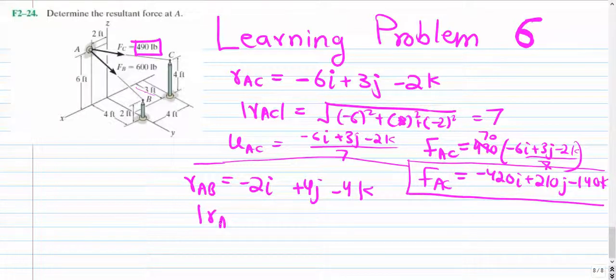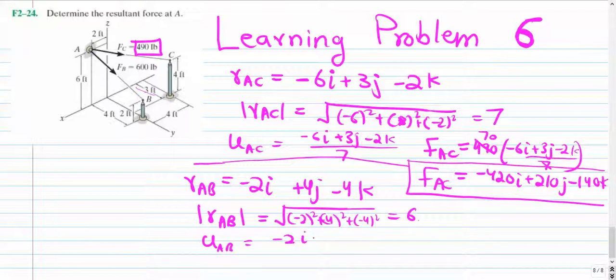Now we can find the magnitude of this length vector, and we get 6. So our unit vector turns out to be negative 2i plus 4j minus 4k divided by 6.